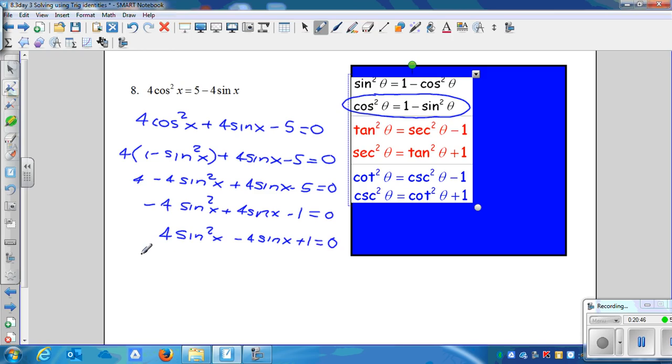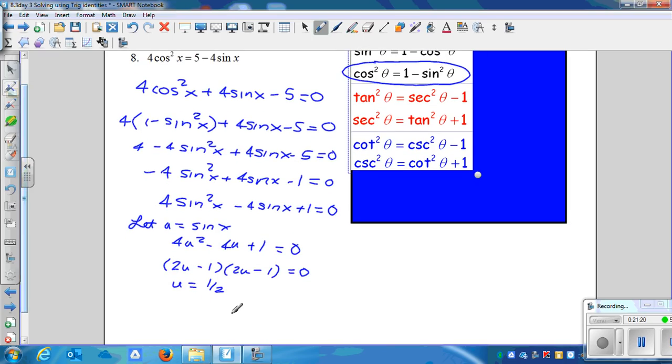I'm going to use u substitution, so I'm going to let u equal sine x. So I have 4u squared minus 4u plus 1 equals 0. This is a perfect square trinomial. So 4u squared is a perfect square of 2u and 2u. And of course, the 1 is minus 1 times minus 1. So I only need one of these. If I set 2u minus 1 equal to 0, I get u equals positive 1/2.